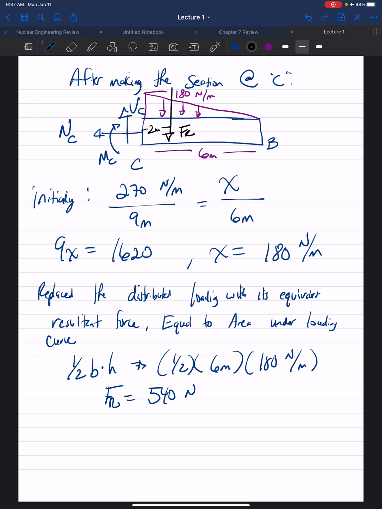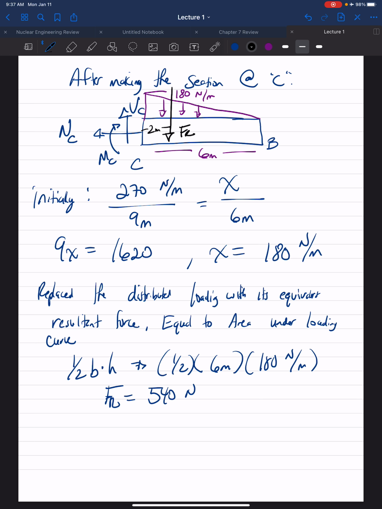Our equilibrium equations apply. So the sum of our forces in the x direction, we only have one, our normal force at C. And it's in the negative x direction. The sense of the vector is in the negative x direction. So it'll be negative N_C equals 0.